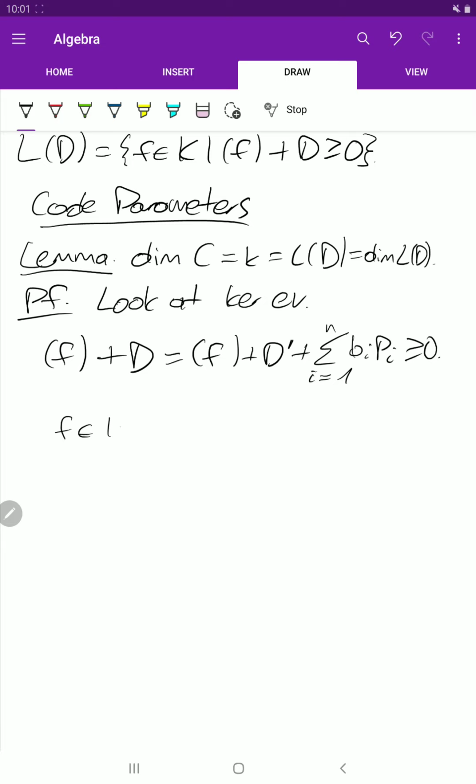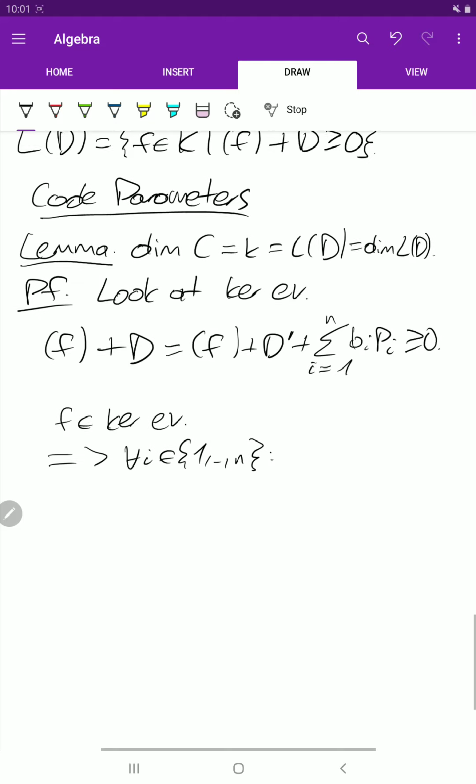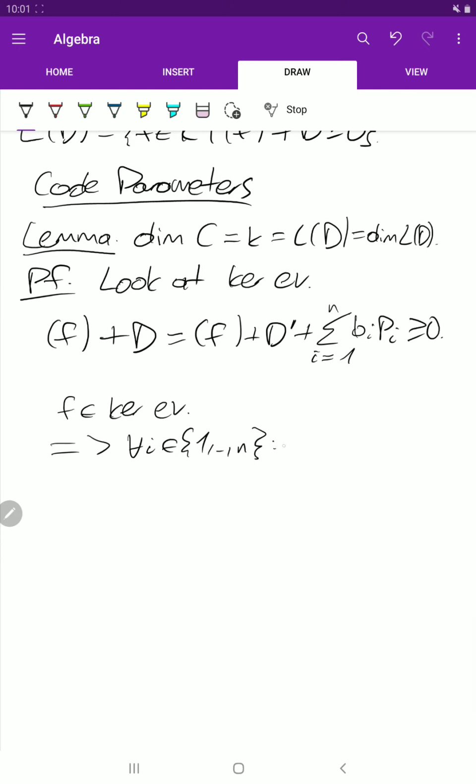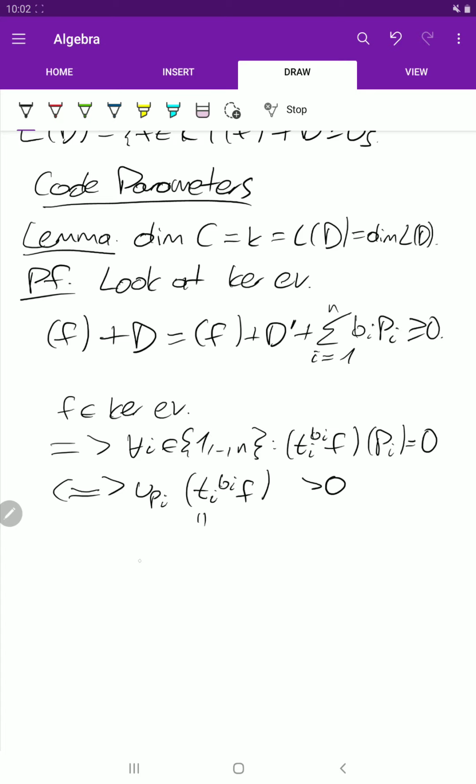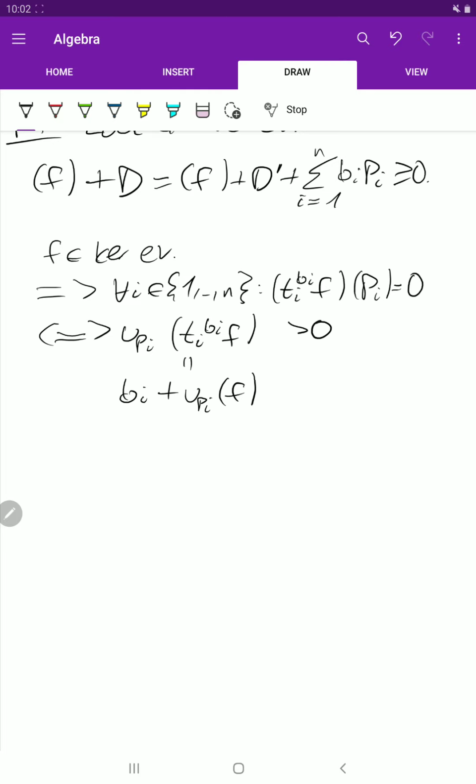So f in the kernel of the evaluation, and this means that for all i from 1 to n, we have that t_i to the b_i f at p_i is equal to 0, which means nothing else than that the discrete valuation at p_i of t_i^{b_i} f is bigger than 0, and we can write this in another way, namely this is b_i plus the valuation at p_i of f. Okay, that's bigger than 0.